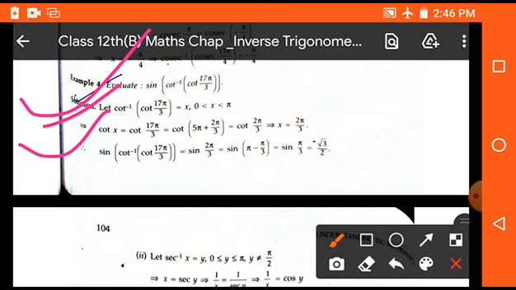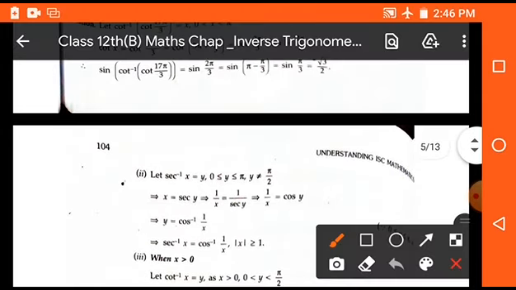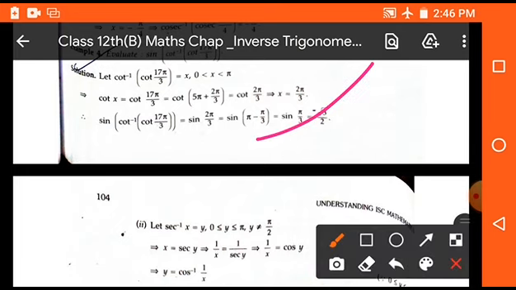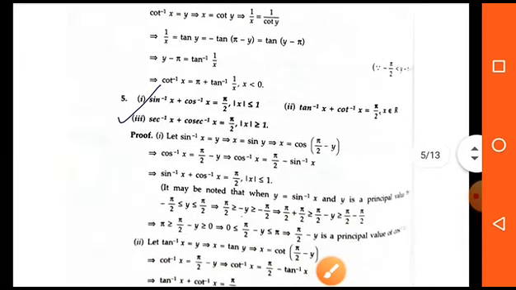So on solving we get cot 2 pi by 3. So it becomes 2 pi by 3. Now students, on putting the value, the required value will be root 3 by 2. In the same way we can find the principal value of all given functions.